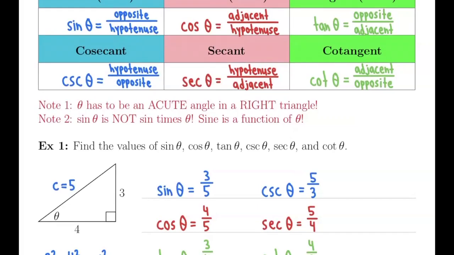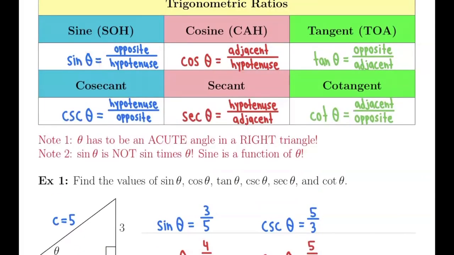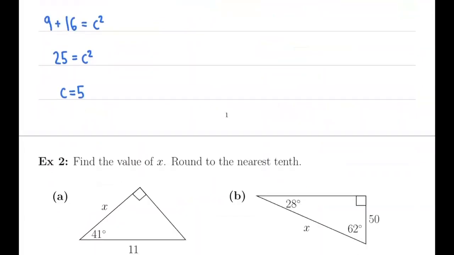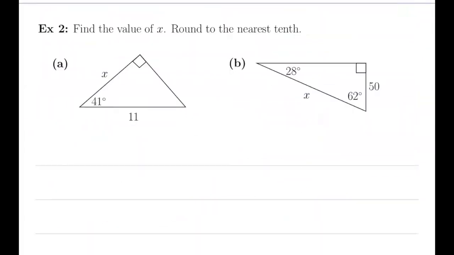It's kind of like square root of x. It's not square root times x. So it's a function. And the sine function takes an angle as its input and outputs the ratio of the length of the opposite side to the length of the hypotenuse in a right triangle.